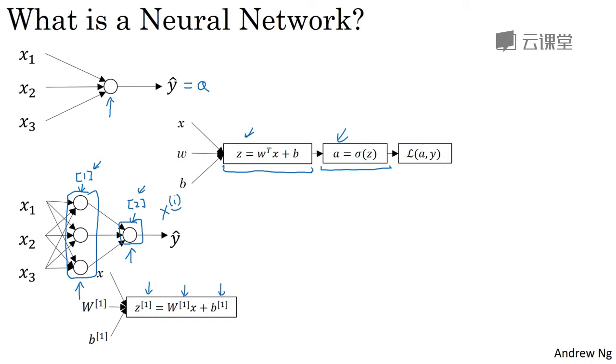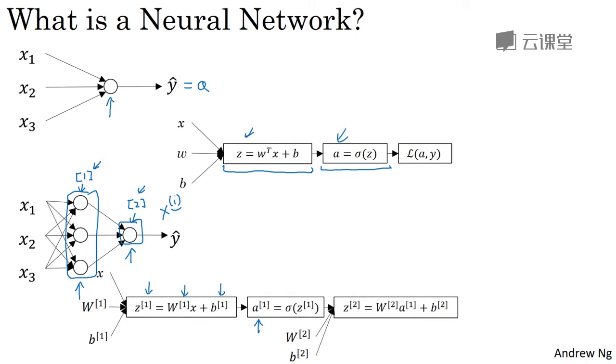But going on, after computing z1, similar to logistic regression, there'll be a computation to compute a1, and that's just sigmoid of z1, and then you compute z2 using another linear equation, and then compute a2, and a2 is the final output of the neural network and will also be used interchangeably with y hat.